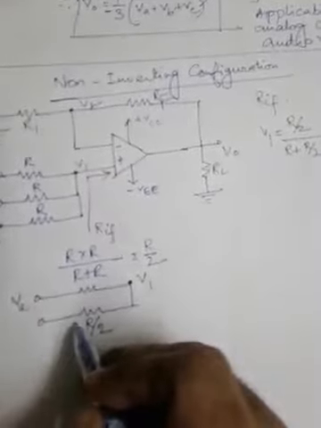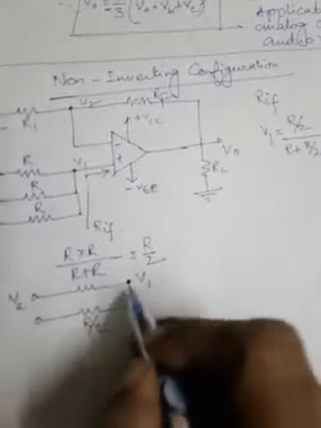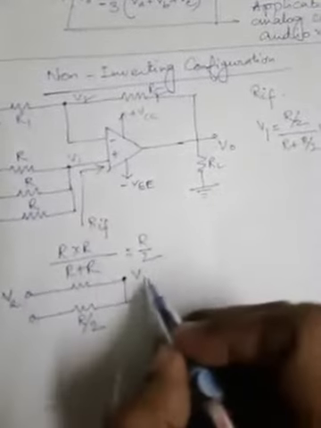So now these two resistances are in series, so therefore the potential divider rule can be applied to find V1.